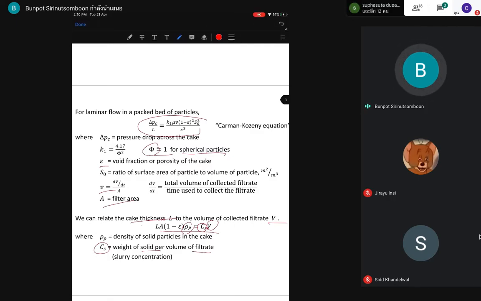This slurry concentration is based on the volume of the filtrate, the liquid that comes out of the filtration system, not the feed solution that gets into the system. It's after the process. Also, V here is the volume of collected filtrate, not the total volume of the feed. So be careful of the definitions here.